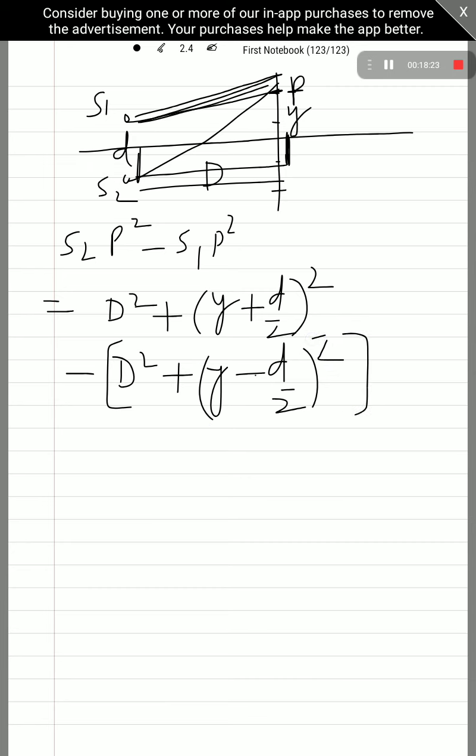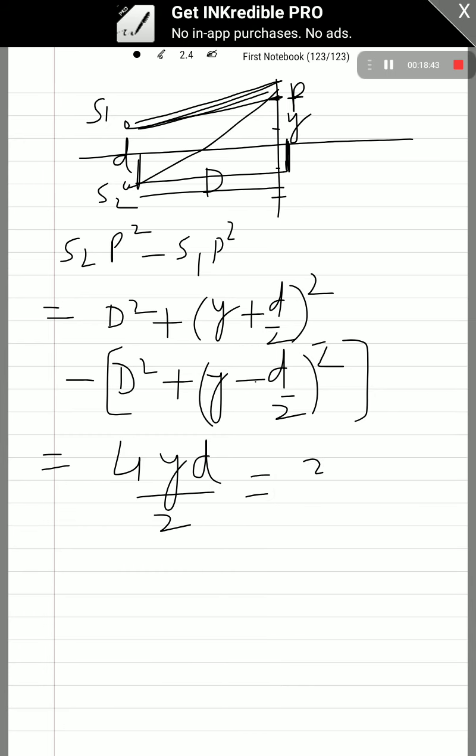So this will become (a plus b) square minus (a minus b) square is equal to 4ab, so 4 times yd. It is 2 here, so it will become 2yd.